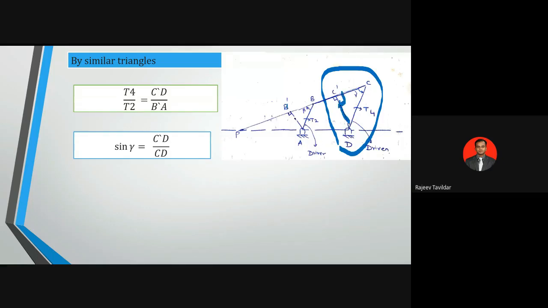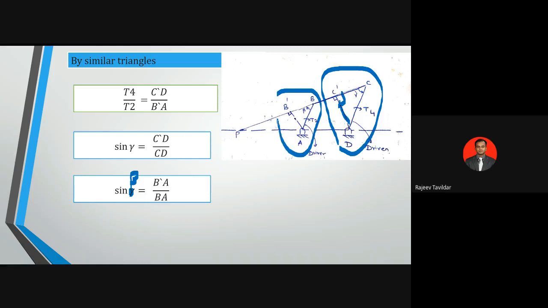So sine gamma we are going to get as C dash D upon CD. Similarly, sine beta. Please note that this is beta, not sine gamma, so I think I made a mistake. Sine beta over here for this triangle is opposite, that is B dash A, upon hypotenuse, that is BA.